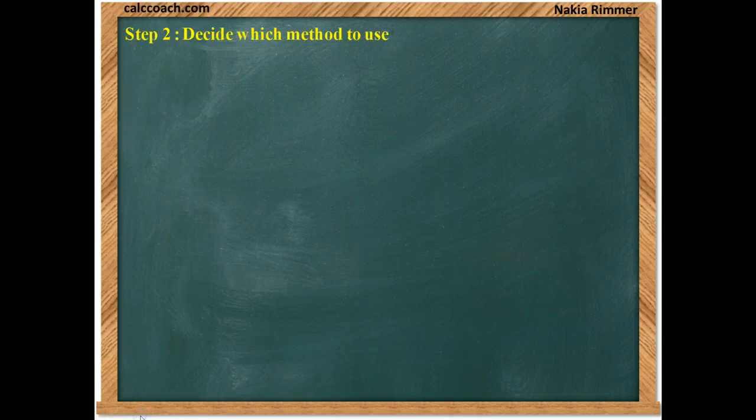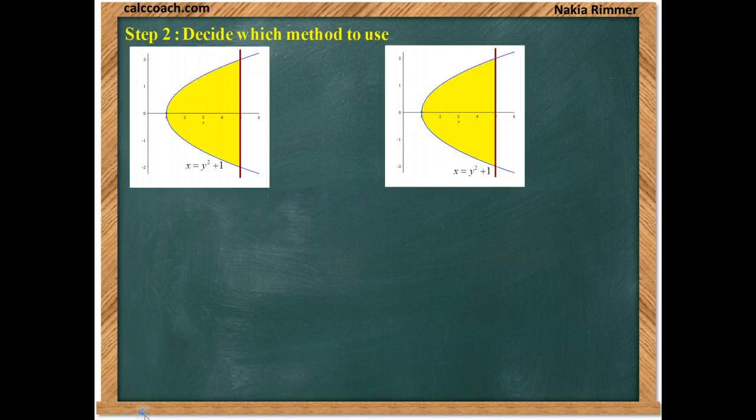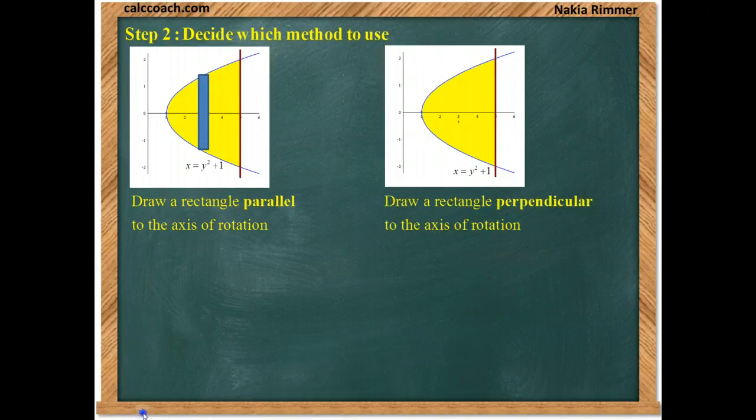We want to be able to decide which method to use. And when you're deciding, you should take 2 copies of the graph. One where you draw a rectangle parallel to the axis of rotation, and one where you draw a rectangle perpendicular to the axis of rotation. When your rectangle is parallel, that's the shell method.